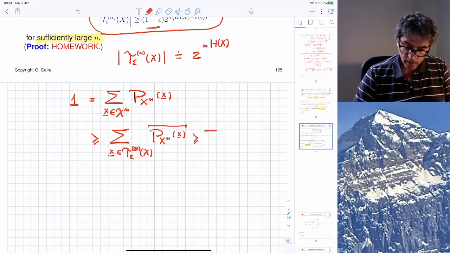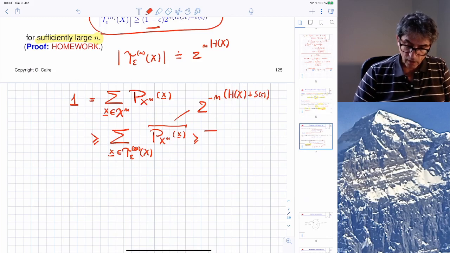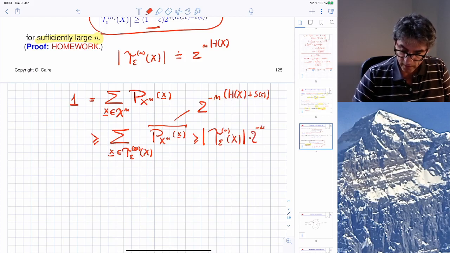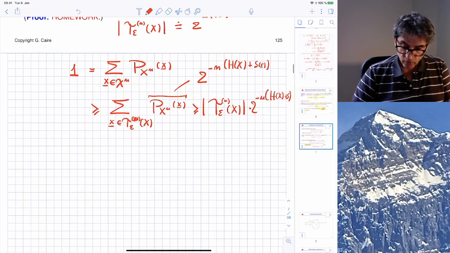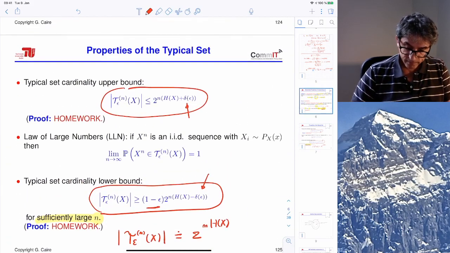So I just replace these probabilities with the uniform lower bound 2 to the minus n times entropy plus delta epsilon, right? Since now these terms are all equal, here I just have the number of terms in this sum, which is the cardinality of the typical set, times this 2 to the minus n H X plus delta, okay? And then all I have to do is simply multiply here and get an upper bound, because now the cardinality of the set is less than the inverse of this, which is exactly this upper bound, okay?